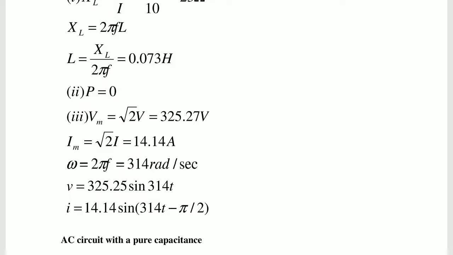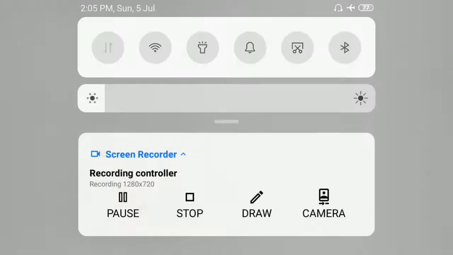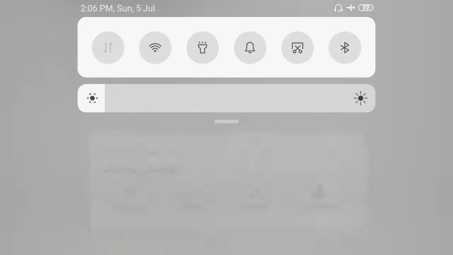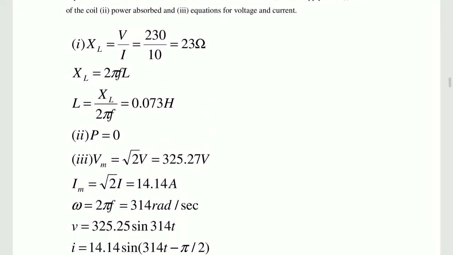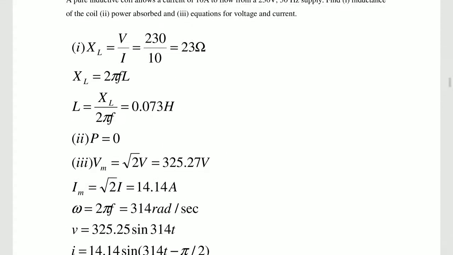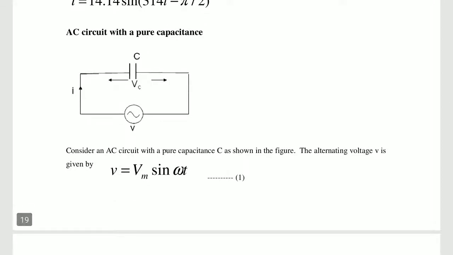Now go for a pure AC circuit with a pure capacitance.